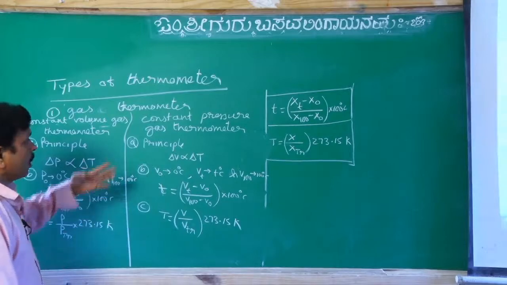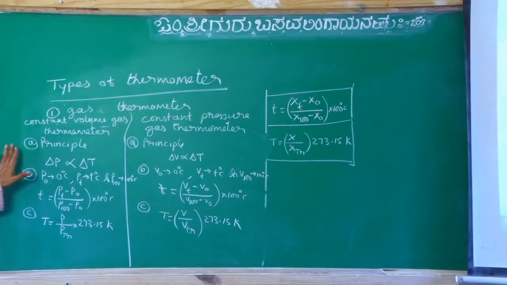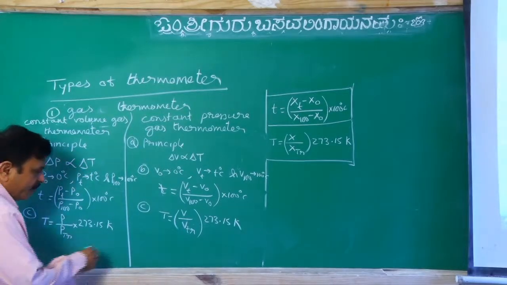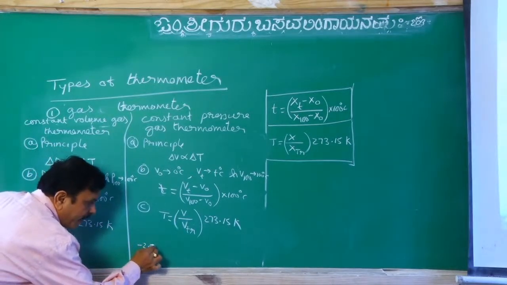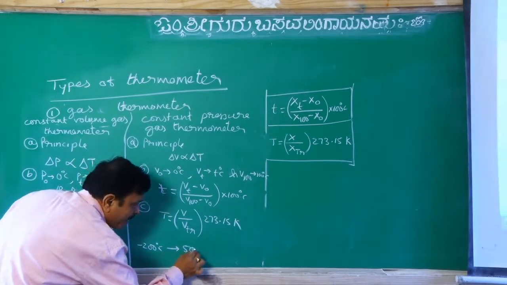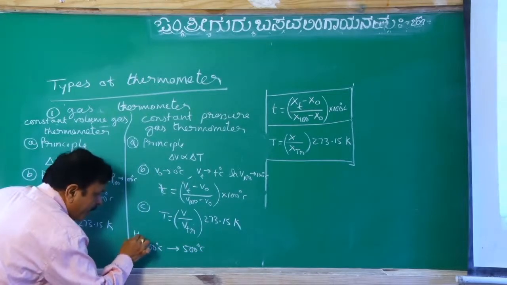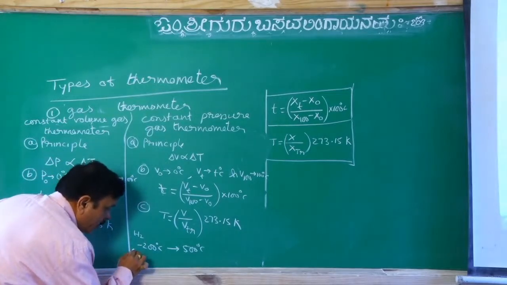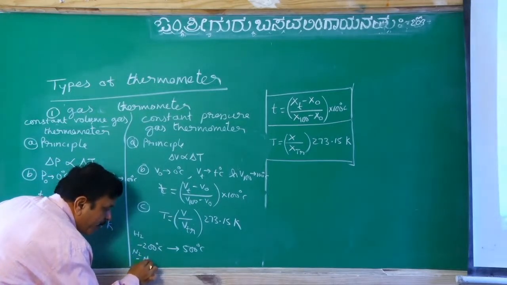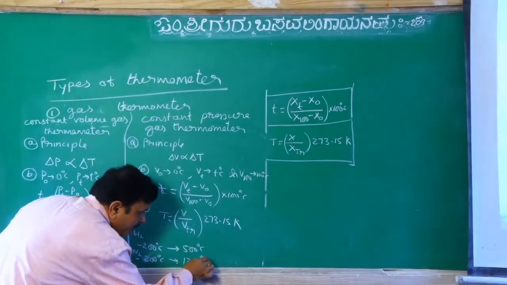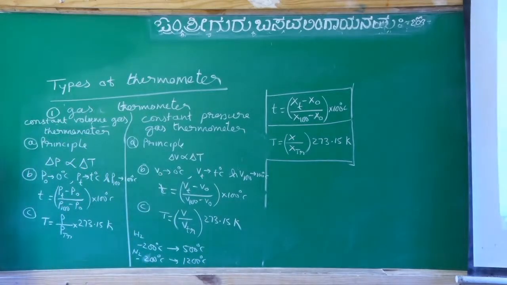Now, what has been found is that with gas thermometers, if we use hydrogen gas, we can measure temperatures from 200 degrees Celsius to 500 degrees Celsius, and using nitrogen gas we can measure temperatures from minus 200 degrees Celsius to about 1200 degrees Celsius.